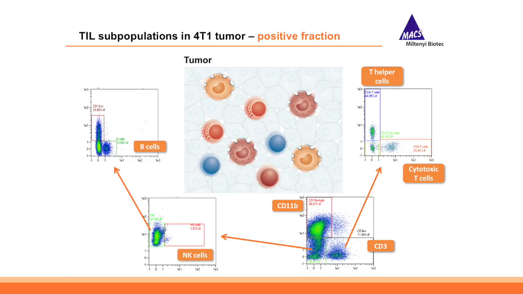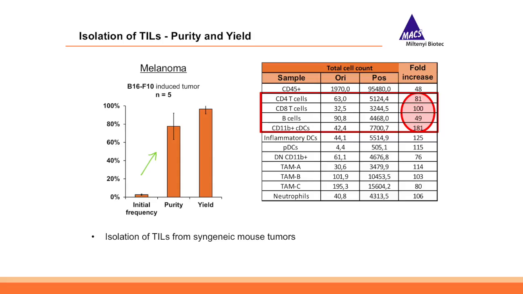In practical terms, this isolation of TILs results in a massive fold increase of numbers of cells of interest analyzed if we collect the same total number of cells. And this translates in significant increase in the quality of the data.